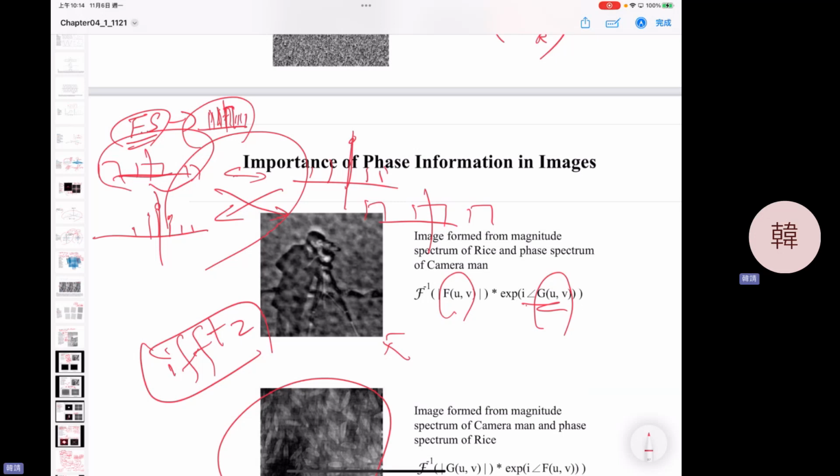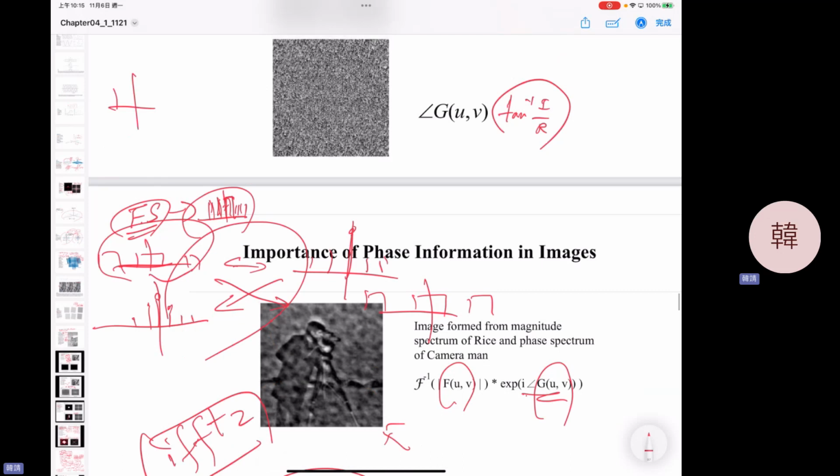So that's the general condition we see: if you have a non-periodic signal in the time domain or spatial domain, in your frequency domain you will see a continuous spectrum. So these are the fundamental concepts of the spatial domain, time domain, and Fourier domain.